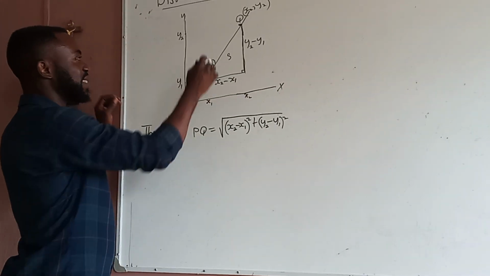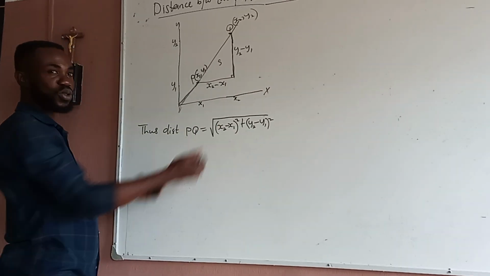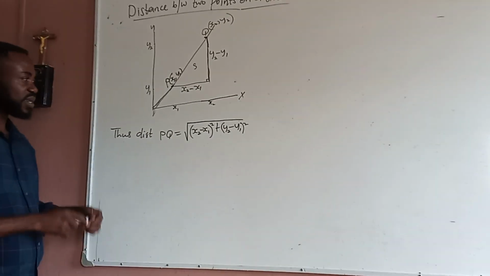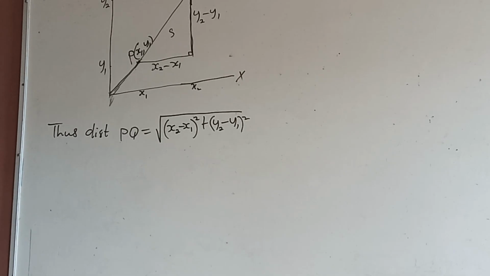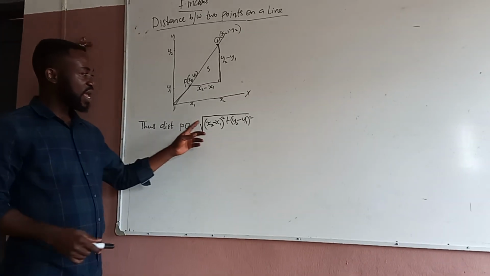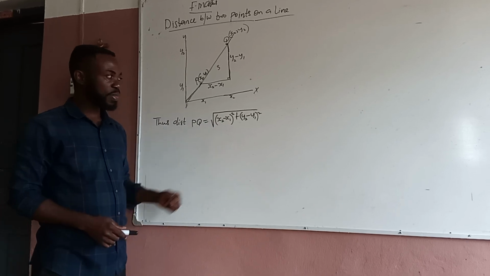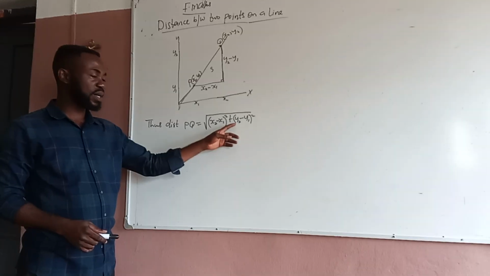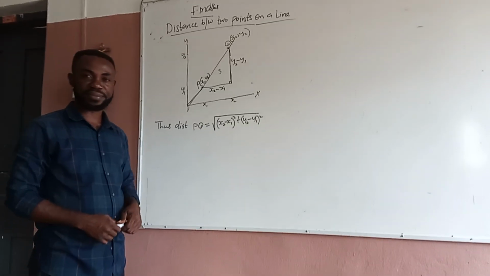So this is the distance between this and this. Take note of this relation. Before we do calculation, take the formula. The distance between 2 points, PQ, on a straight line is given by the square root of (x2 minus x1) squared plus (y2 minus y1) squared.